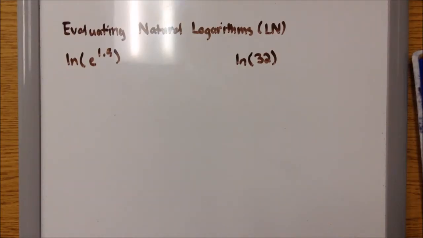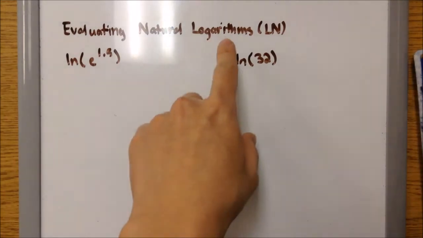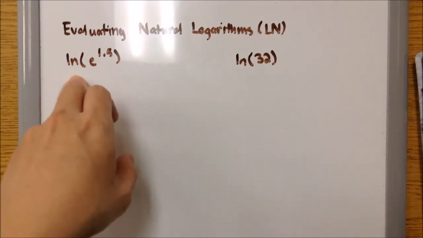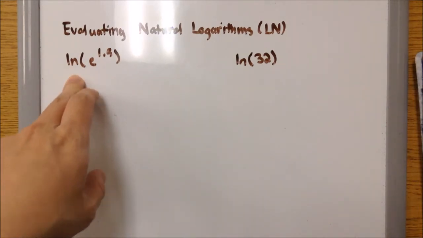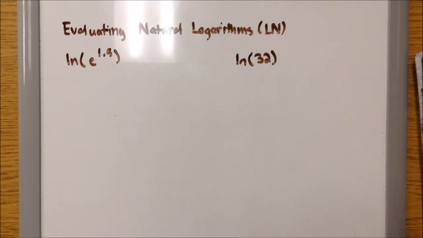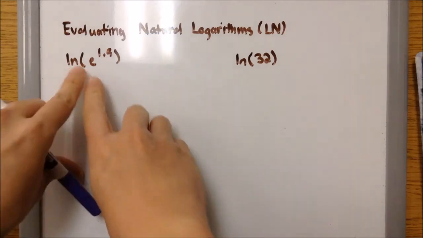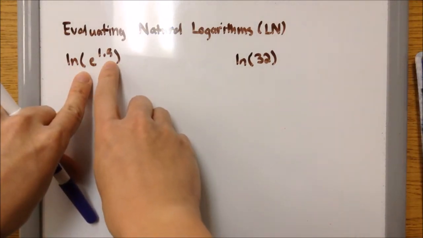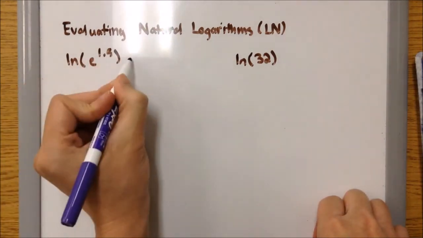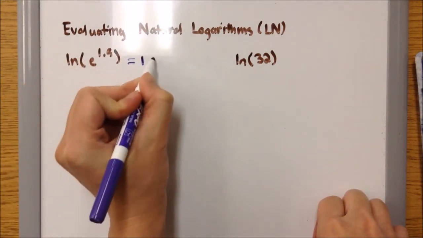Alright, let's do some basic examples. Evaluating with natural logarithms, or ln. In our first example, ln of e to the power of 1.5. If we use the properties of natural logarithms, whenever ln is next to e, whatever the exponent for e is, that is always the answer. So it's just going to be 1.5.